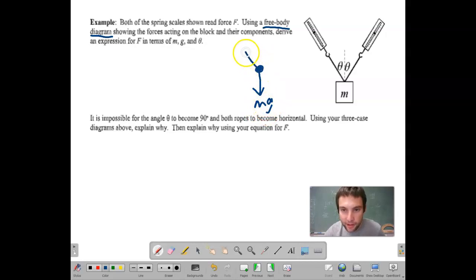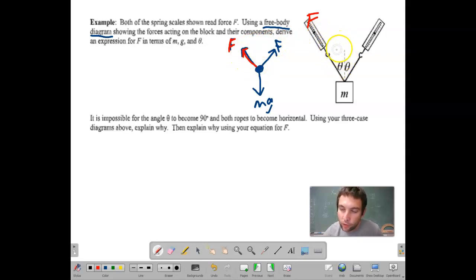And then we have a force in this direction called F, and a force in this direction called F. So using this free body diagram, we're now going to derive an expression, so show the steps to get to it. When we draw our triangle for this first F, the red F, keep this consistent all the way through.